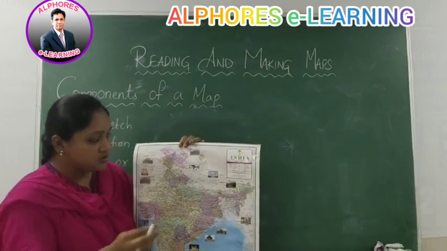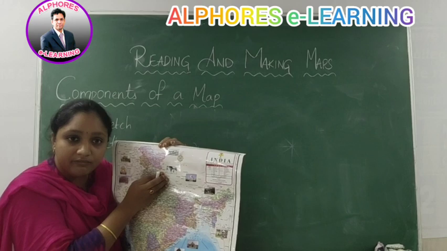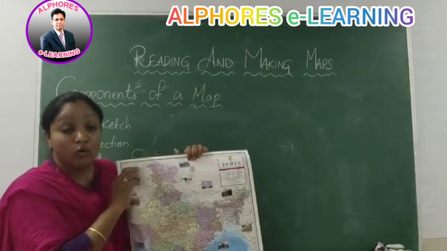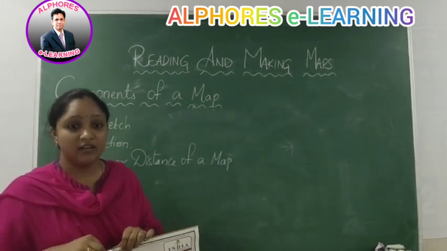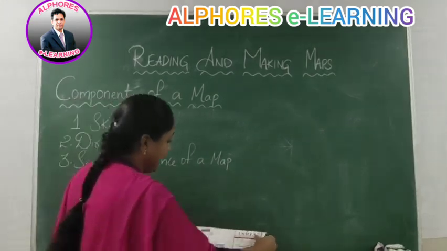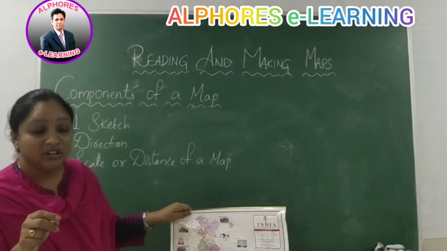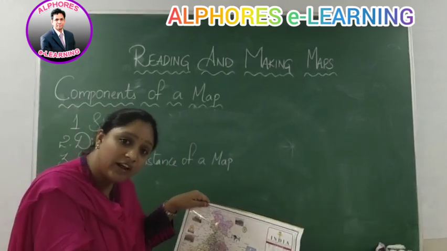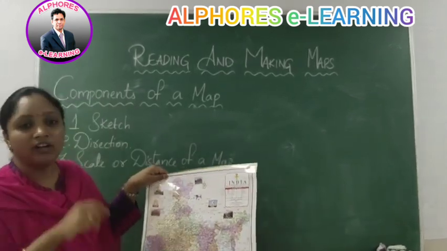Am I right? So to make it smaller, we use a scale. What is a scale? Why do we use a scale? We use a scale in the map to show the actual distance on the ground by reducing it on a map.